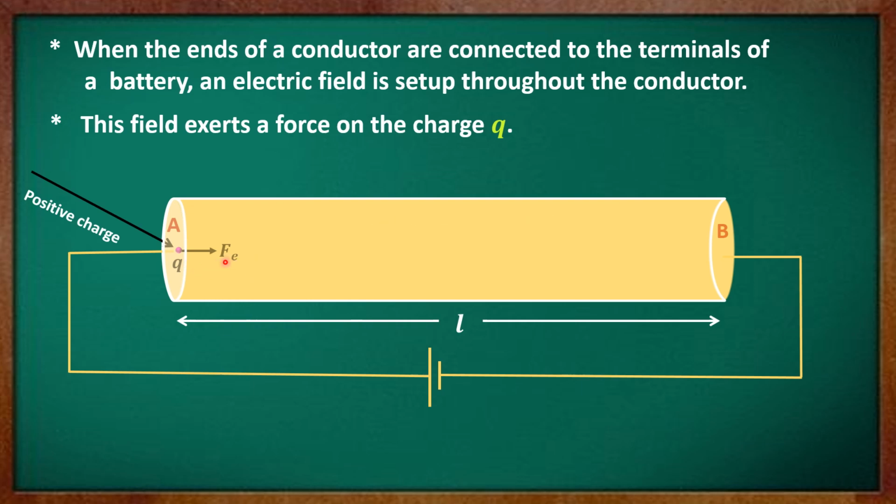Fe is the force on charge Q. Because of this force, the positive charge moves from A to B through a distance L.